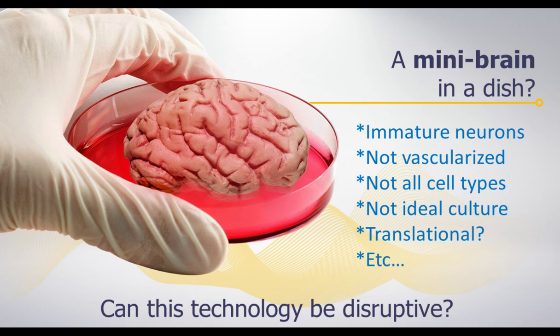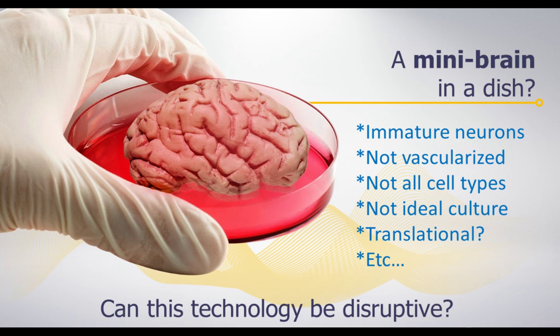And before I start, I want to mention that there are limitations as well, and it's nice to be upfront about them. The media often call those mini brains in a dish, and I think the public perception is that we actually have a small human brain growing in the lab, and that's the wrong perception. So these brain organoids have severe limitations.